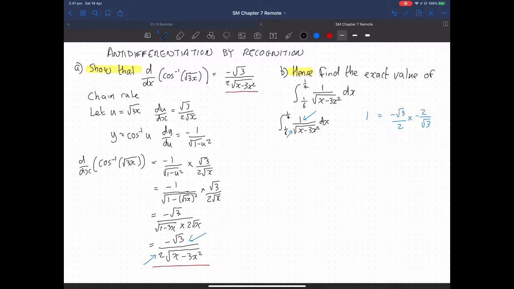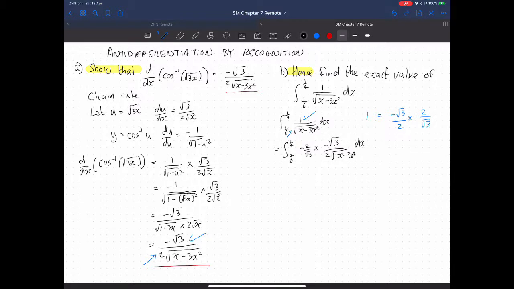So what we do here is we say the integral from 1/4 to 1/6 of, I'm now going to write negative 2 on root 3 times negative root 3 over 2 over the square root of x minus 3x squared dx.